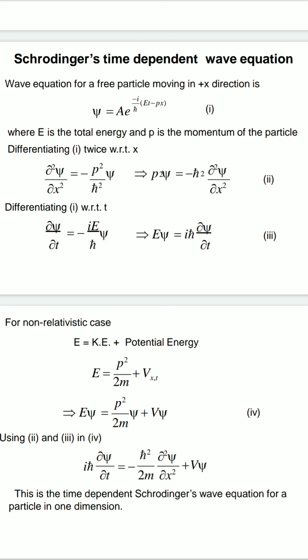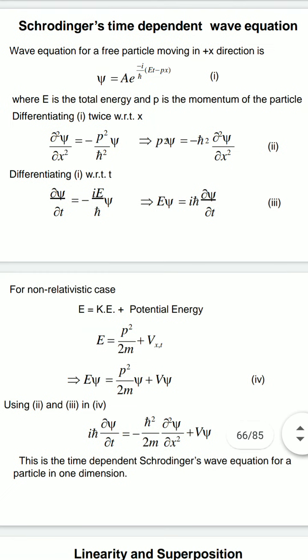So E is equal to half mv square plus V. Now this is an operator equation. I will teach you about operators later, but you just add psi in all terms. So E psi will be equal to p square by 2m psi plus V psi, isn't it? Now let us write using equations 2, 3 and 4.